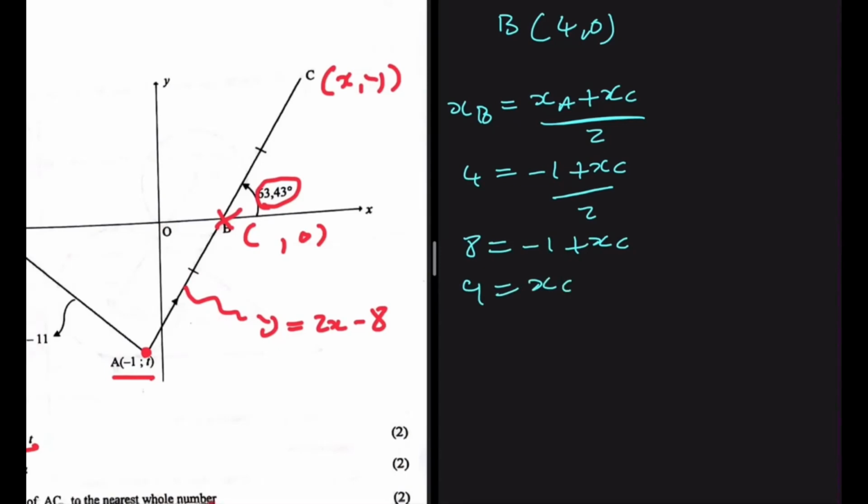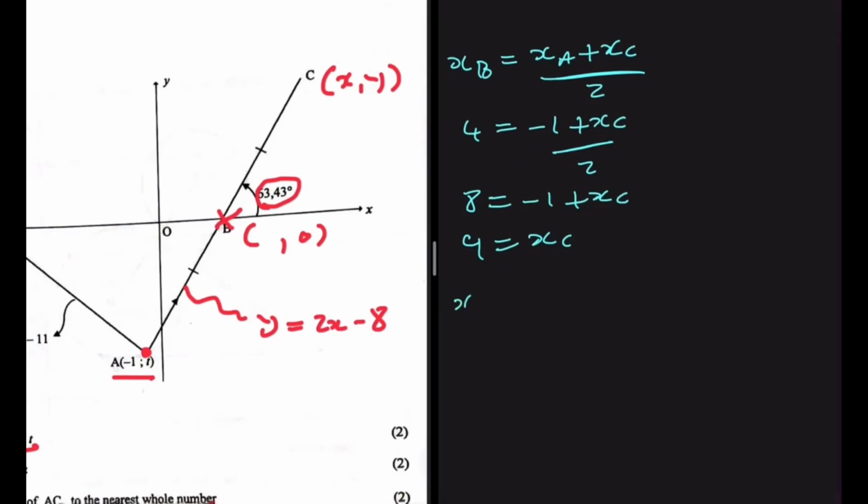So again, we can use the midpoint idea for the y values and find y of C. Or we can just substitute this coordinate into our equation. So let's use both and see if we get to the same place. So here, we want y now. y of B is equal to y of A plus y of C, divided by 2.